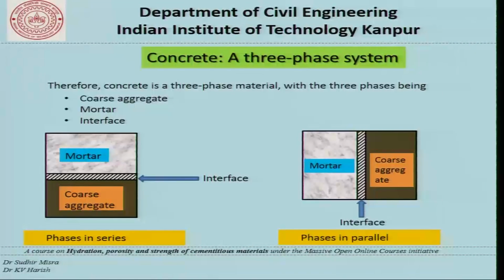And this entity exists in this form if we are talking of the so-called series system, where if the load is applied like this, the interface is the way it is shown here, and the interface is in this configuration for a system where the phases are in parallel.